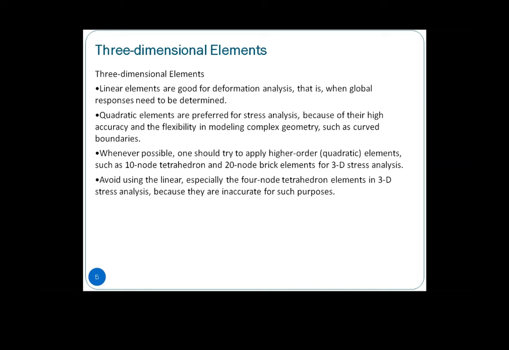Avoid using linear, 4 nodes especially tetrahedron, because it will not be that accurate for stress analysis. For deformations, or in vibrations later on, we are more toward global movement, global deformation. So here, linear is good, right? It is sufficient enough, right?